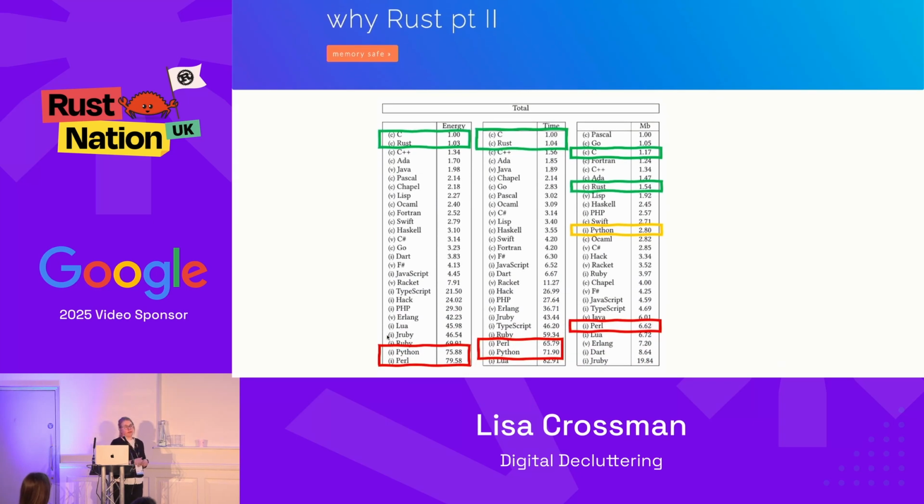They also provided a handy table, which includes the energy, time, and memory across those different languages. And as you can see, the traditional languages of bioinformatics are very much at the bottom of the table, whereas Rust is very much near the top. So it looked like a really good option.